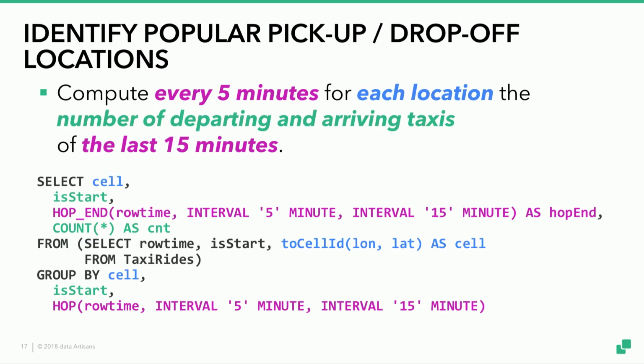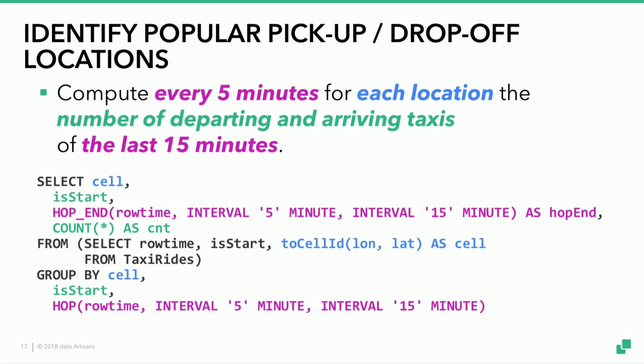So let's look at how we could use SQL. For example, if we just want to identify the very popular pickup and drop-off locations in New York City. In this SQL query, what we are basically doing is specifying a hopping window of 15 minutes length every 5 minutes, and then we look into these 15 minutes and just count the number of departing and arriving taxis during this time.